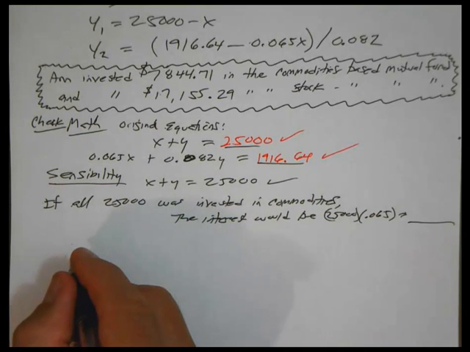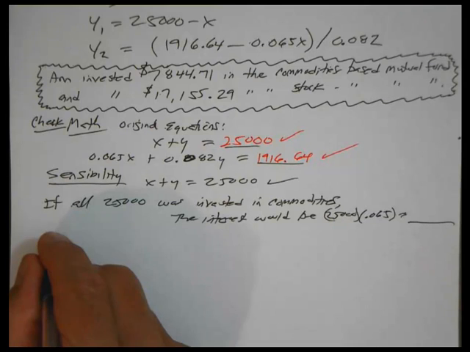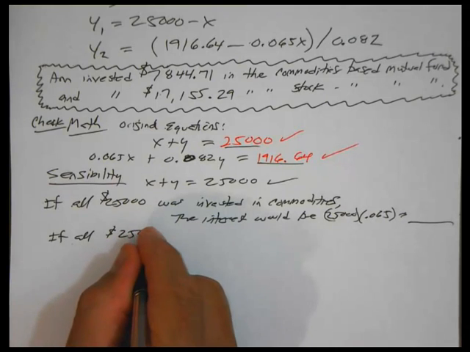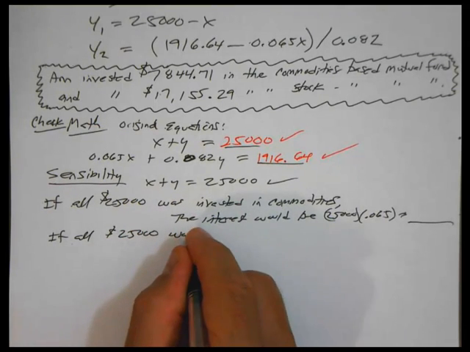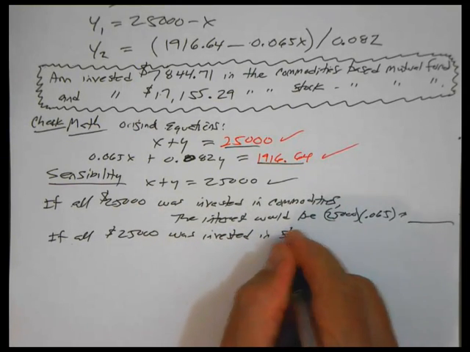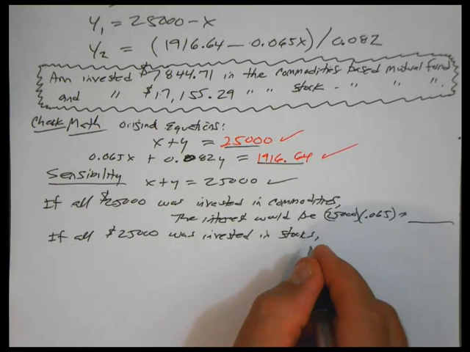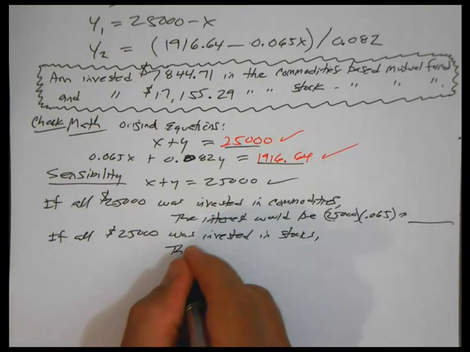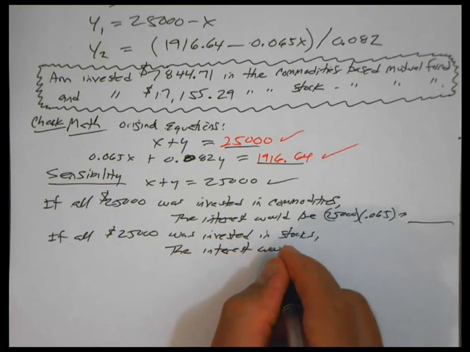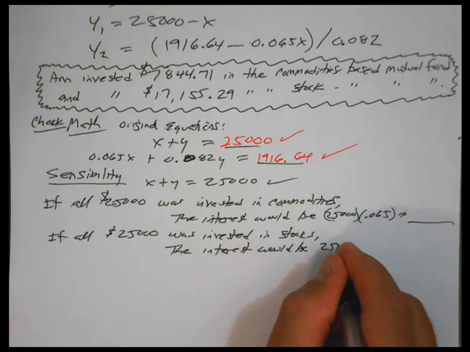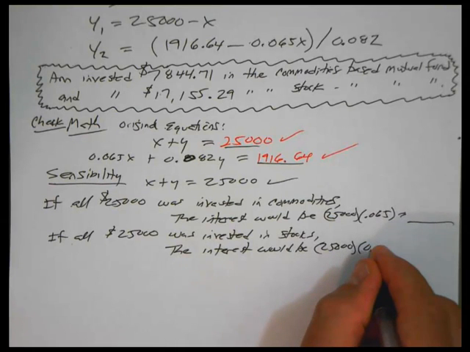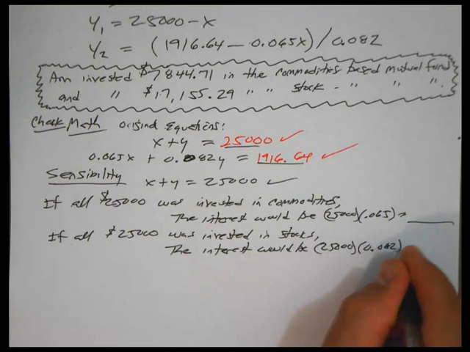The other extreme case, what if all 25,000 was invested in stocks? The interest would be 25,000 times the 8.2%.